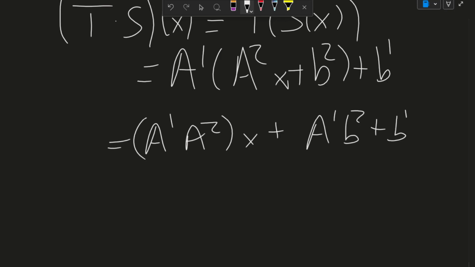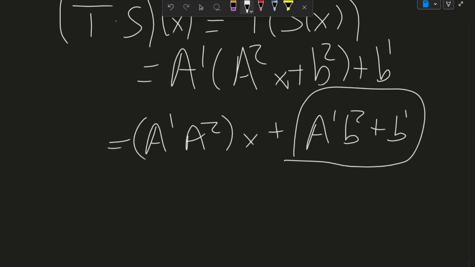This dot is just multiply, not a composition dot. We're defining what it means to multiply two affine transformations. Yes, we want multiplication to be the same as composition, but we are genuinely defining a notion of multiplication. I want to point out something here.